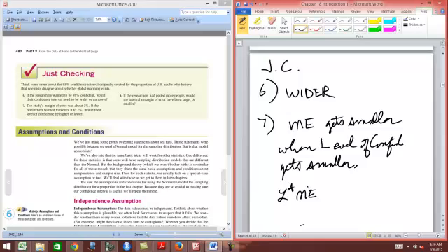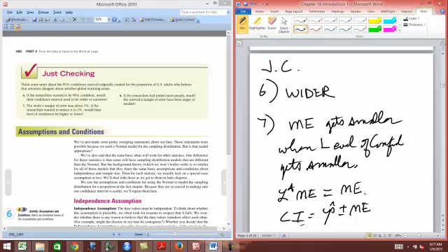If z star gets bigger, then the margin of error gets bigger, and the confidence interval equals p hat plus and minus the margin of error.